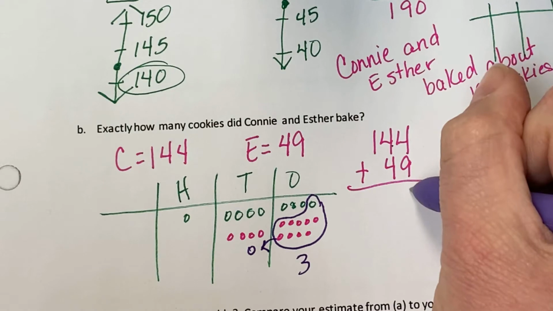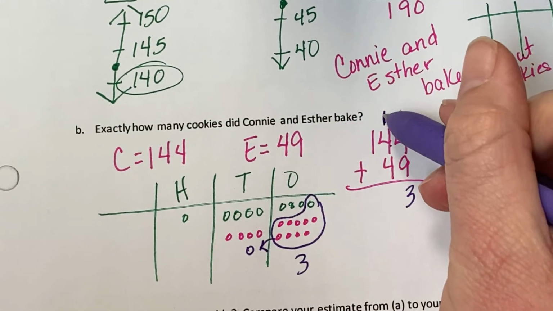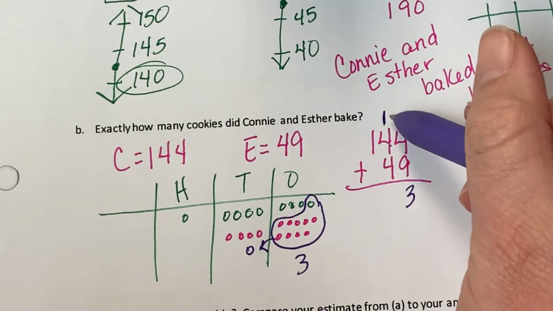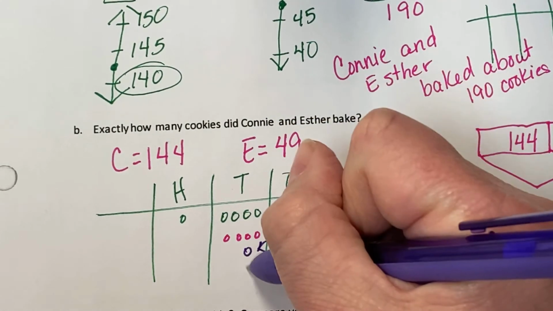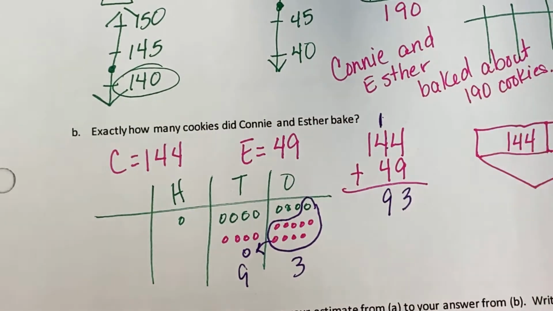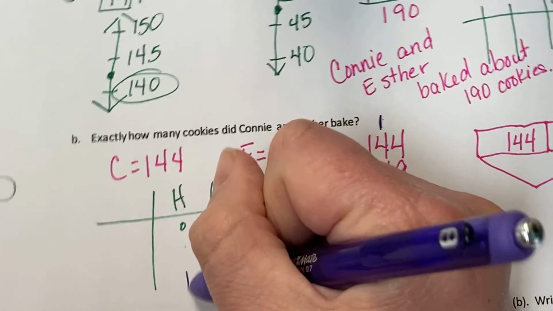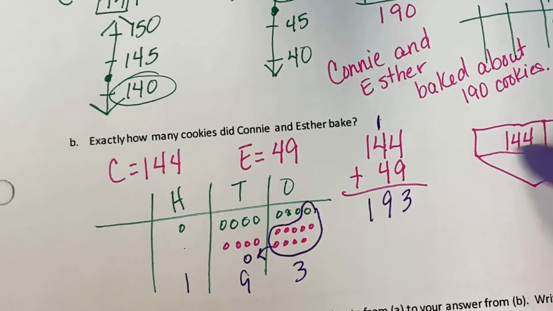Well, 9 plus 4 is 13. I moved my bundle over because I put a bundle in my tens. I put a 1 in my tens there. 4 plus 4 is 8, plus 1 more is 9. And then I have 1 here and I only have 1 here. So that means that if I do this tape diagram and have 2 parts, the whole is going to be 193.